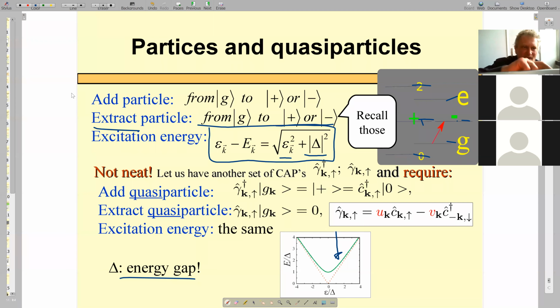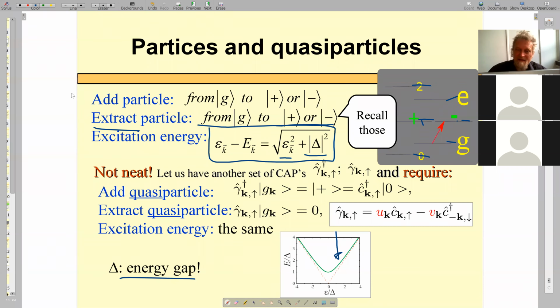Let us think of this a bit. It's kind of crazy that we add or extract a particle and get to the same state. Let us introduce an operator, let us find it, which describes the addition of a quasi-particle rather than a particle.